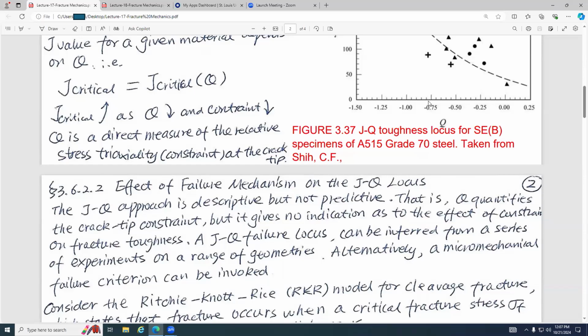We have talked about one, called the KT model, where K is the K I, right? And T is a stress value. So this is the KT model, a two parameter model, and then we talked about the JQ model. So this is the second two parameter model.